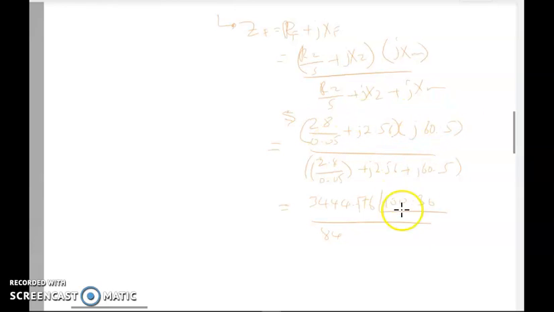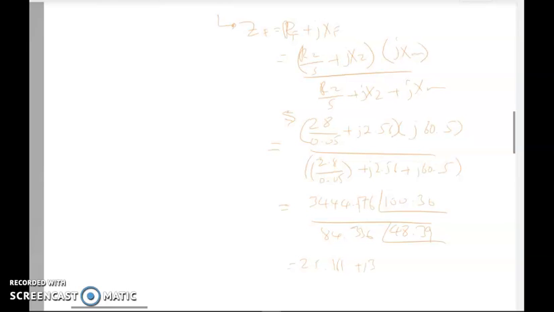Calculate the above part, put it to one side, and then calculate the below part, which is 2.8 divided by 0.05, you get the answer, plus J2.56, you get the answer, then plus again J60.5, and you get the answer. You put the above here, the below here. Then you divide the polar values.